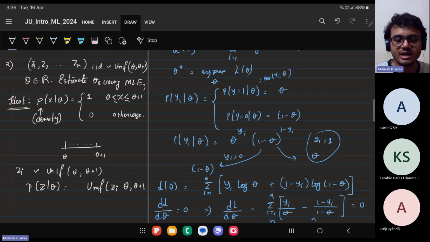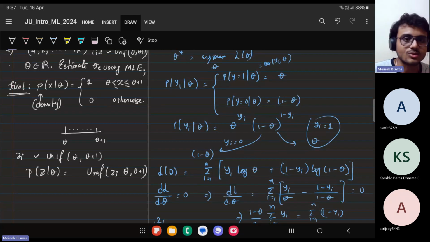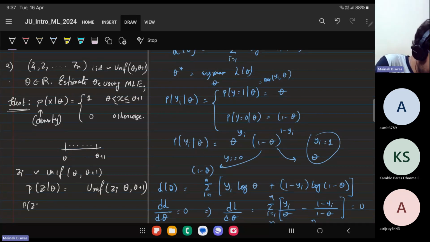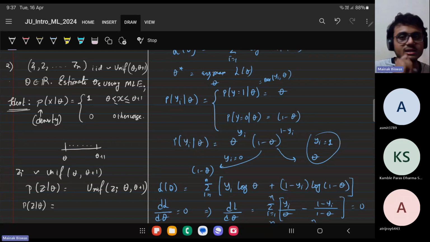Is the general form slowly becoming clearer now? So z given theta is uniform. Z is the random variable, and theta and theta plus 1 are the parameters of the distribution. My question to you is, what is P of z given theta, or what is the log of it?